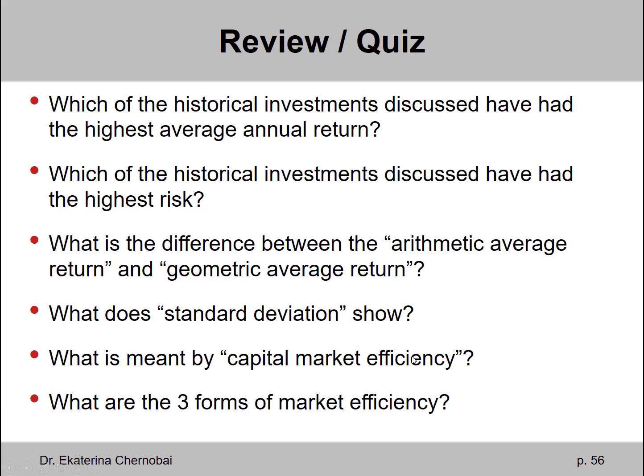What is meant by capital market efficiency? The capital market, that's trading stocks and bonds, is called efficient if 2 conditions are met. One, when new information about the company's stock or maybe bond arrives, that information gets incorporated into the new price of the stock or bond very quickly. And the second condition that must be met for the market to be called efficient is that when this new adjustment in the price happens, it is done correctly.